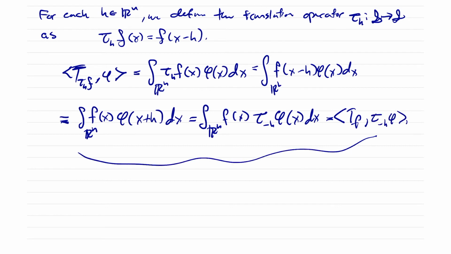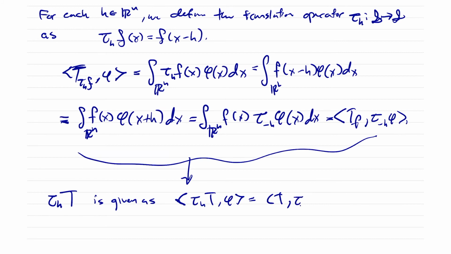So this whole thing gives us the translation operator being applied to tempered distributions. So basically tau sub h acting on a tempered distribution T is given as the tempered distribution that does this. So tau sub h T acting on phi is equal to T comma tau sub minus h of phi.